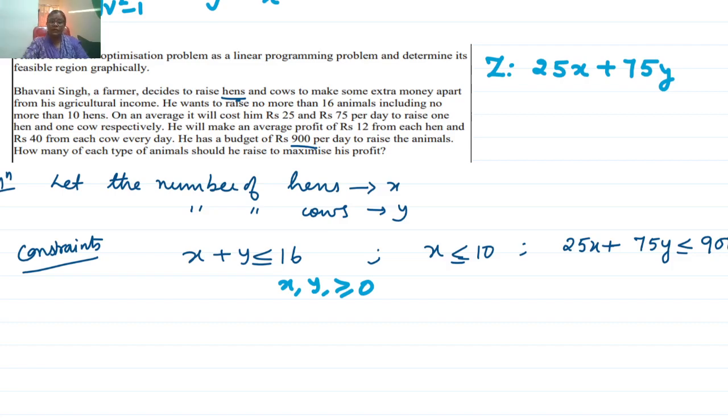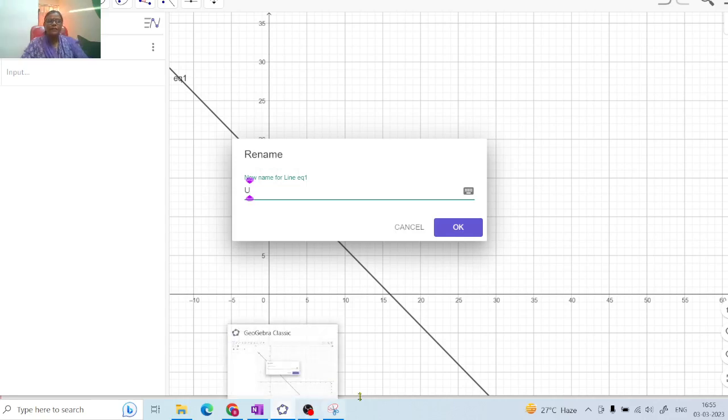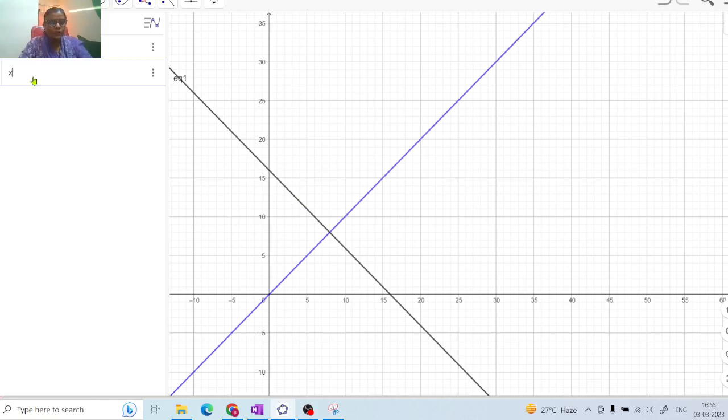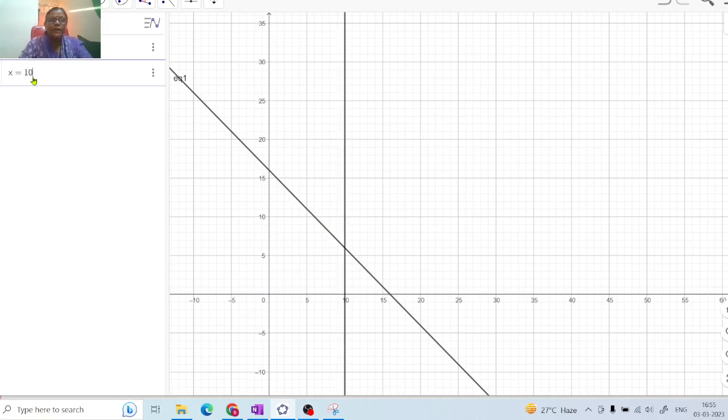Again, I'll show it through the graph. This is the first line, X plus Y is equal to 16. The next line that we have is X equal to 10. So that's the next line. Let's draw the lines and then we see the region.